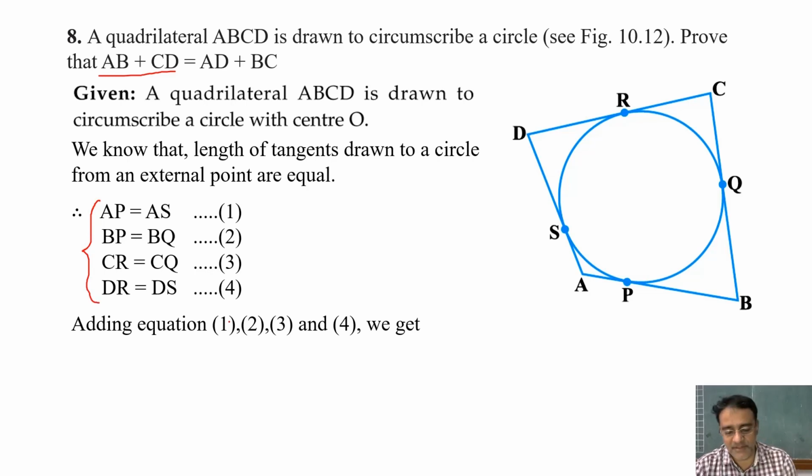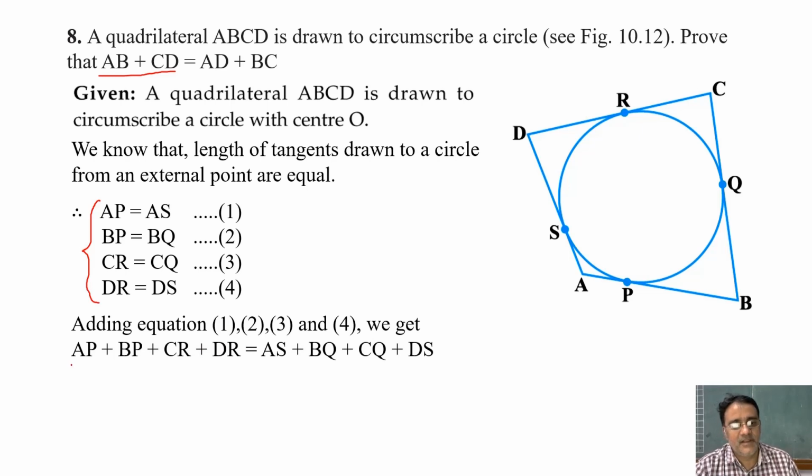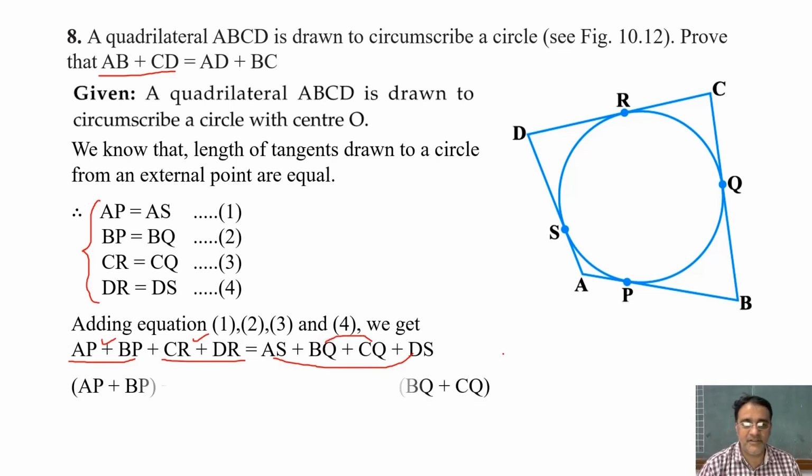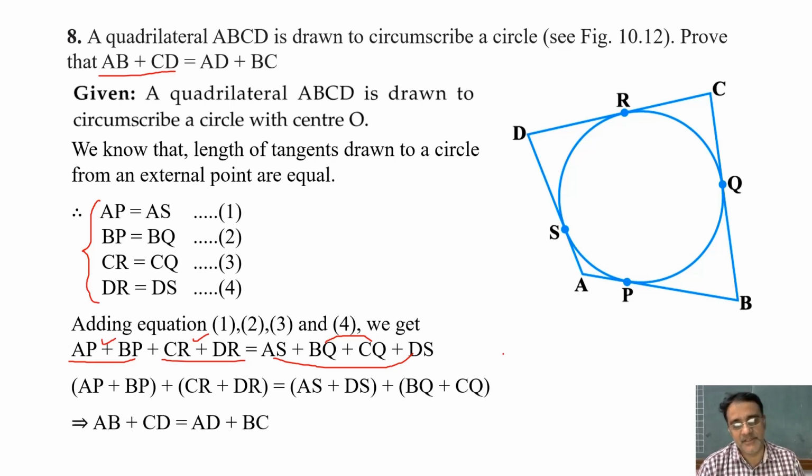Adding all the equations 1, 2, 3 and 4 we will get this one. So now this 2 and this 2 will become AB and this 2 will become CD. Similarly this 2 will become AD and this 2 will become BC. So we will do a little grouping. After grouping we will replace, that is AB plus CD is equals to AD plus BC.